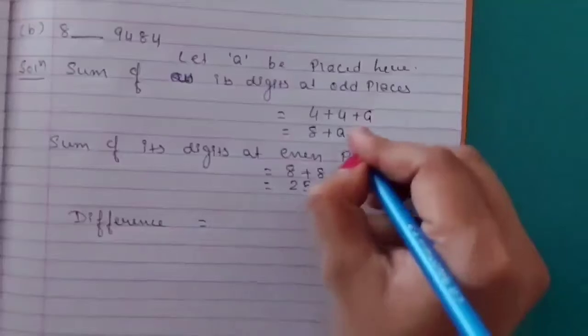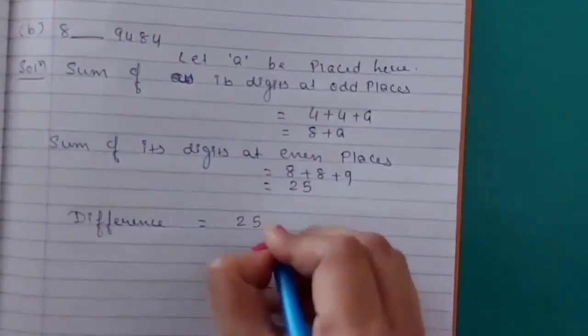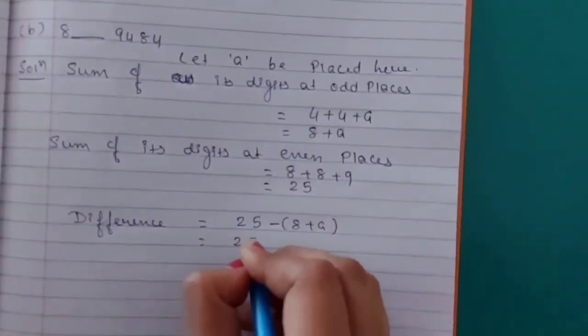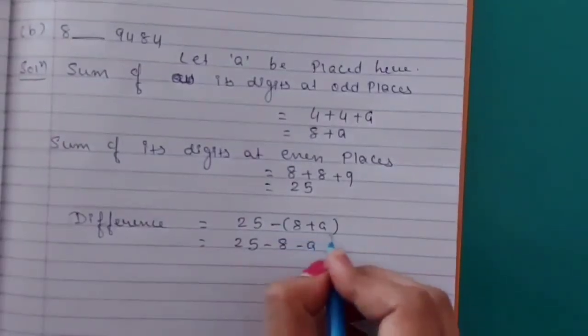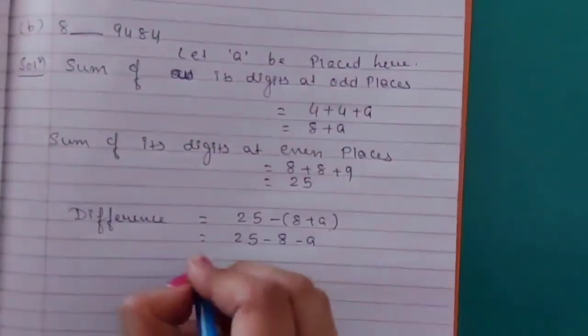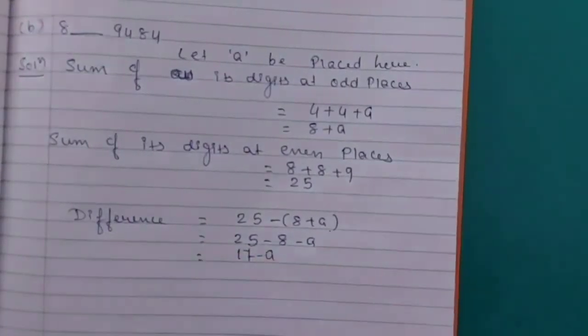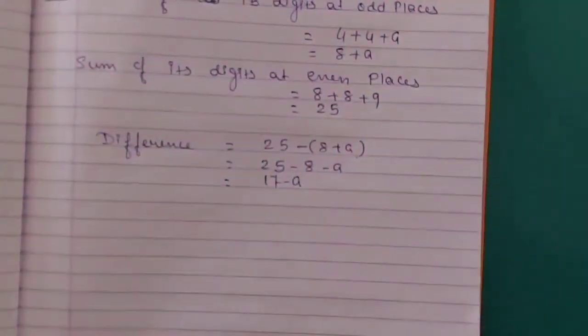Now we have to take the difference of these two numbers: 25 minus (8 plus A), which equals 25 minus 8 minus A, because the sign changes inside the bracket, that is 17 minus A.